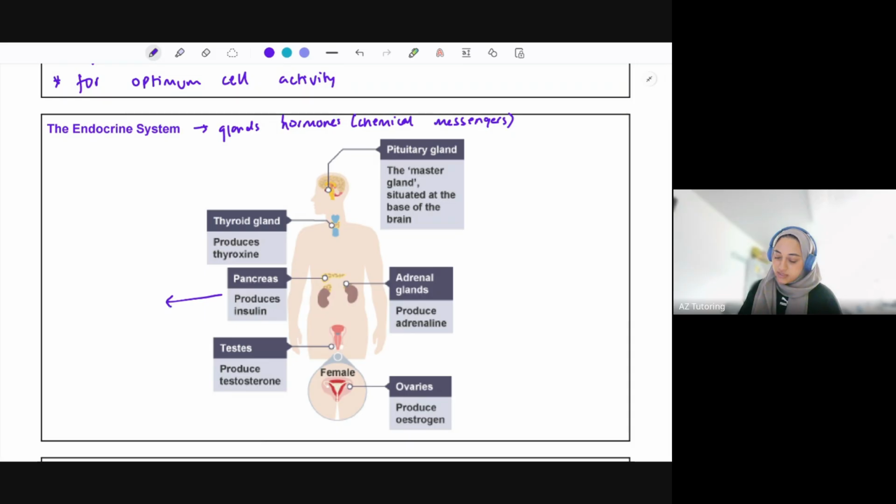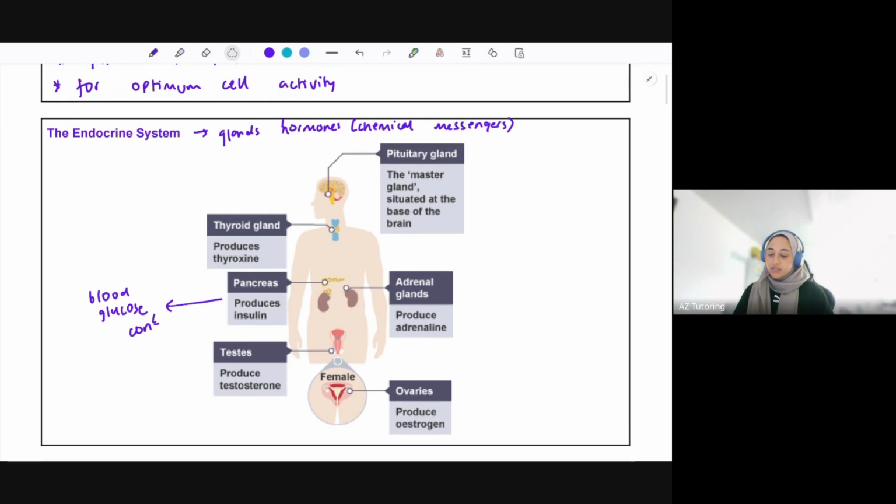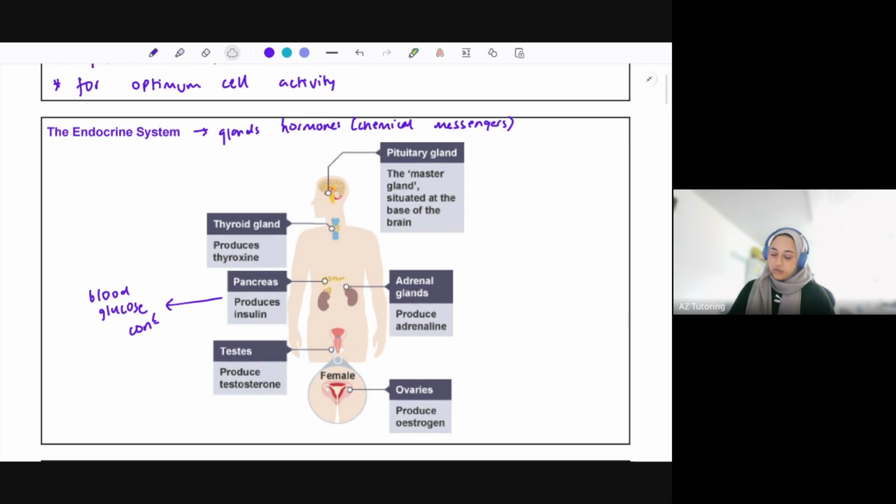The pancreas produces insulin, and insulin regulates blood glucose concentration. It's not actually changing the blood glucose concentration, it's regulating it. For higher, you need to know about glucagon as well, so I'll cover that towards the end. So the pancreas produces insulin and glucagon for controlling the blood glucose concentration.